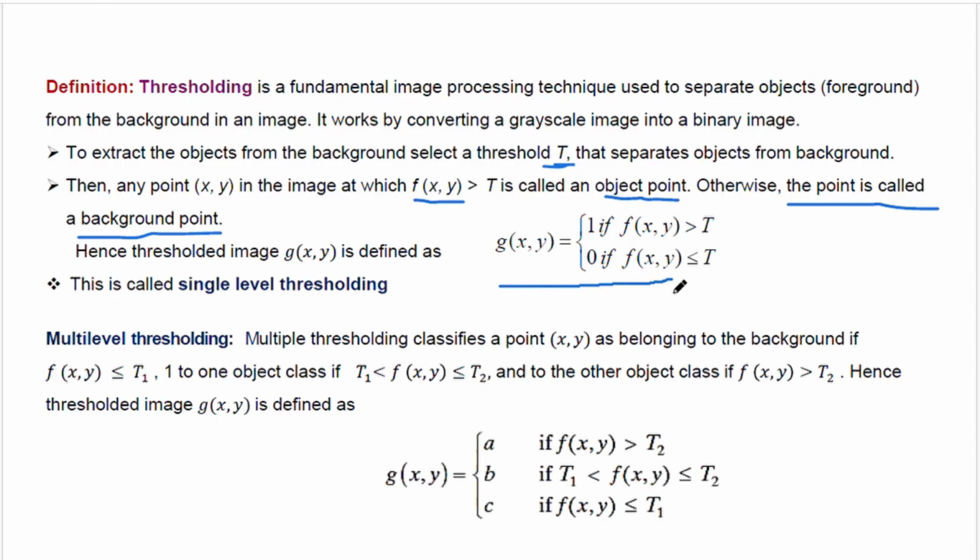This is the equation. What is g of x comma y? A thresholded image. So g of x comma y is defined as 1 if f of x comma y is greater than T, hence it is an object point.